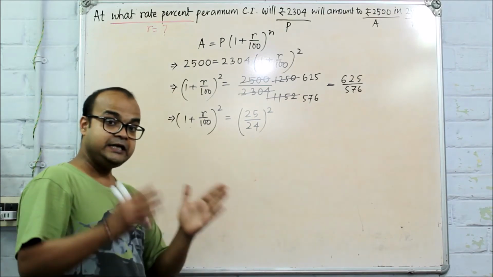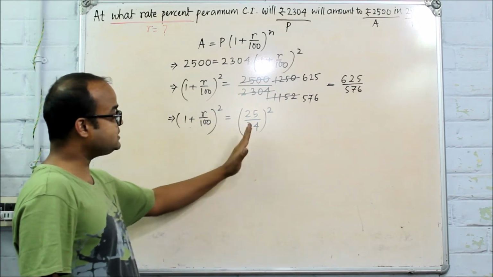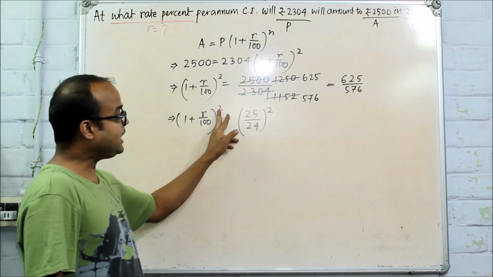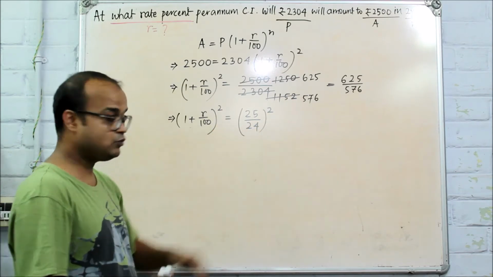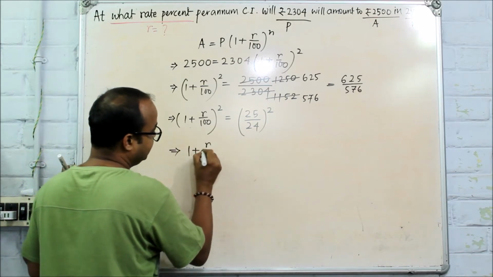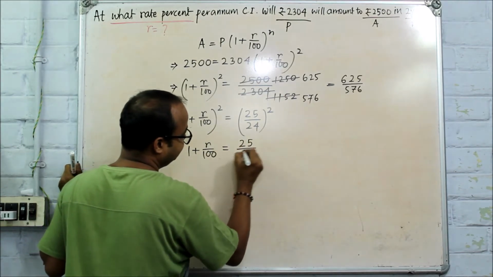Then in exponent what we learned? We learned that if the base is equal then power should be equal, and here power is equal so base should be equal. So we write 1 plus R by 100 to the power is equal to 25 by 24.